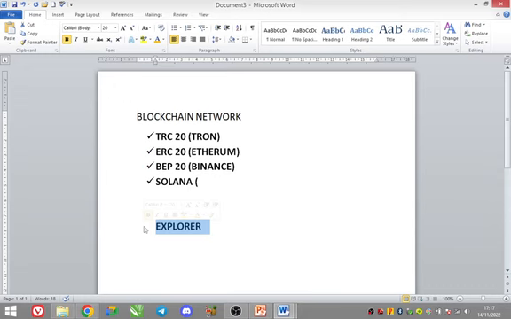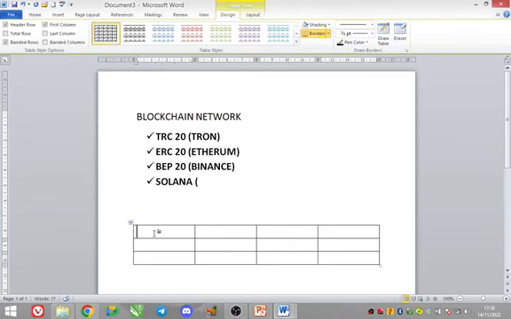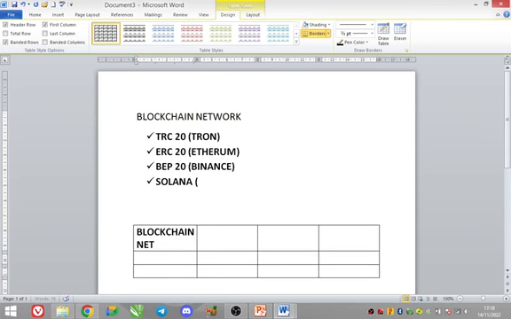Let me actually tabulate this and show you something before I round up this section, not to confuse you that much. So now let me type this as your word, the blockchain network.